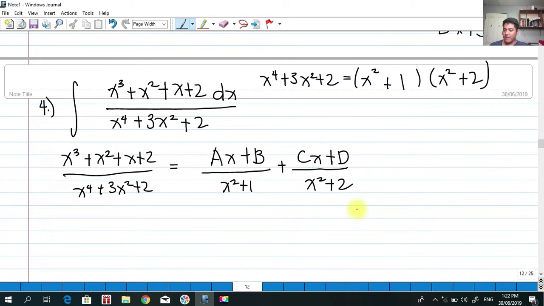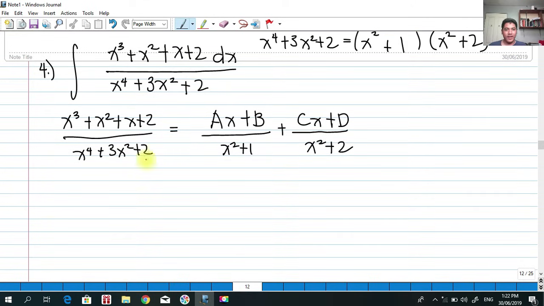We still have 4 unknowns, and we have to find 4 equations to get A, B, C, D. So what are we going to do again?